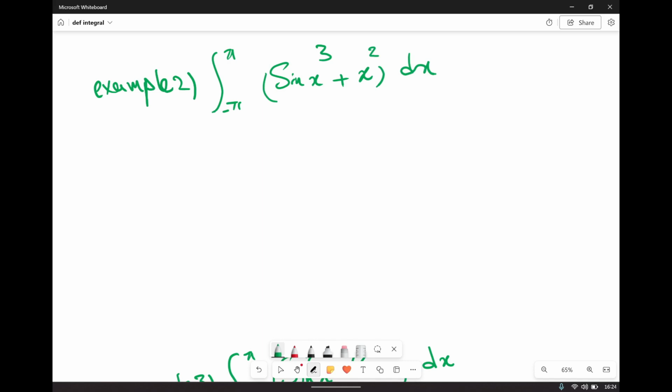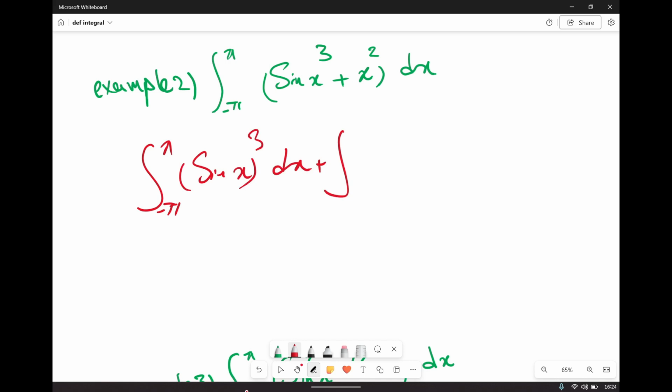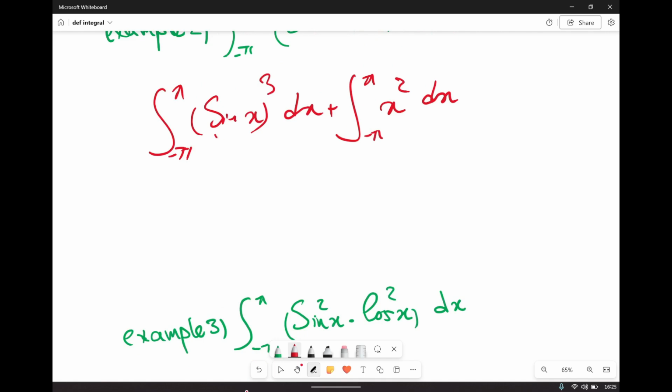But about example 2, at first I split it into two integrals: the integral of minus pi to pi of sine x to the power 3 dx plus the integral of x to the power 2 from minus pi to pi dx. I know the first integral is an odd function and therefore the answer is 0. What about the second?